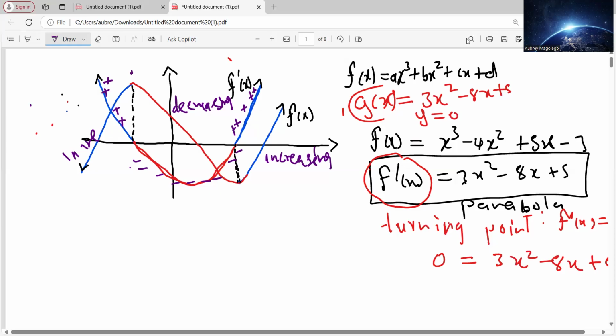So the cubic will only increase if the graph of f prime, which is the gradient of the cubic, is above the x-axis. When it is below, that's where the graph is what? Decreasing. And remember again, the cubic and the parabola graph share the x-intercepts. The x-intercepts of the parabola graph are the x-coordinates of the turning points of the cubic function. That's what you need to know.